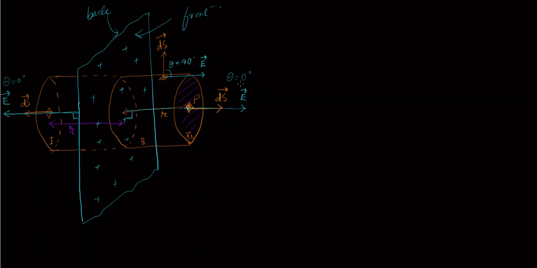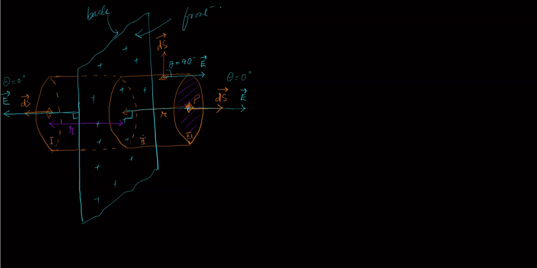That is 0 degree. Similarly here, we take a small area ds, and this face is facing the left side. So therefore ds will be pointing in that direction. Again, what is the electric field passing through ds? It is coming from the plate and passing through ds along the same line. So the angle between E and ds here also is 0 degree.